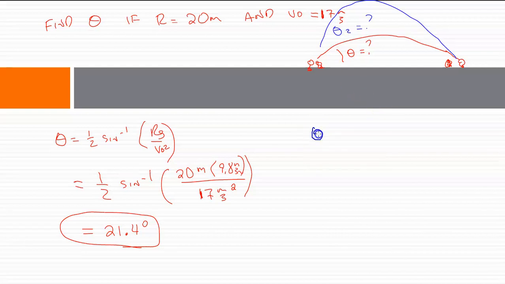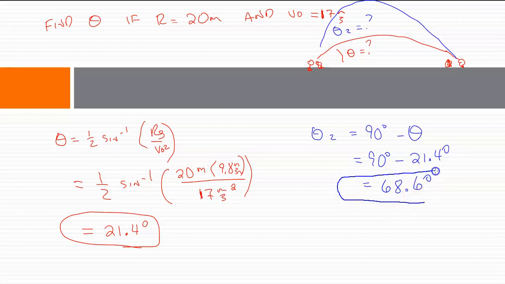This second angle is really easy to find because it is the complementary angle to the first one. If I take 90 degrees and subtract the first angle, then I get the second angle that works. And so we're looking at 70, 69, 68.6 right there. Would also take care of the problem. All right, either one of those would be fine.